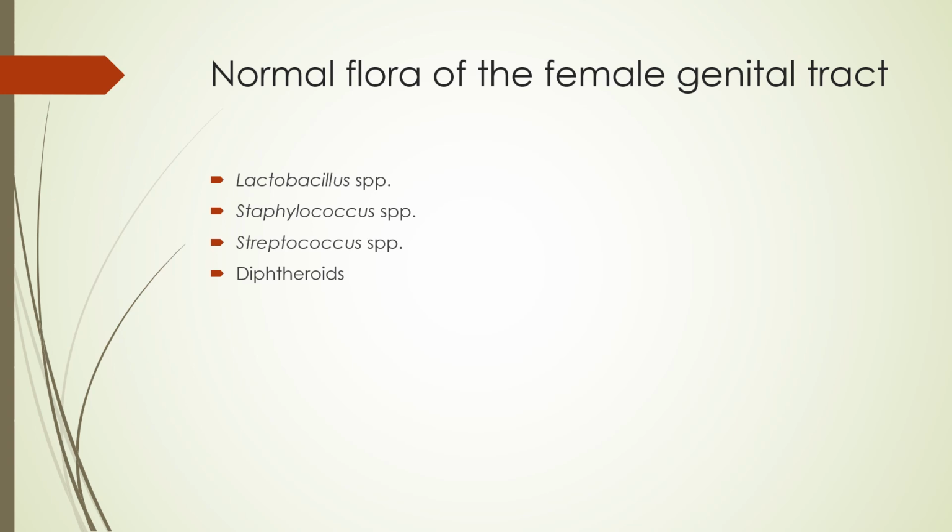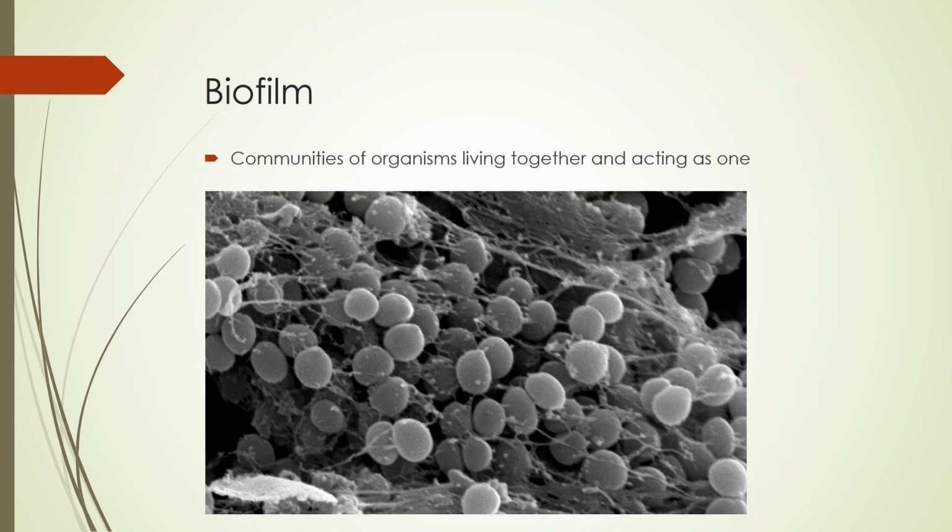This helps prevent pathogens from growing there because most pathogens cannot tolerate an acidic environment. A biofilm is a community of organisms living together and acting as one. All of these organisms can essentially communicate with one another about things like being resistant. They all live together on a surface as a community.